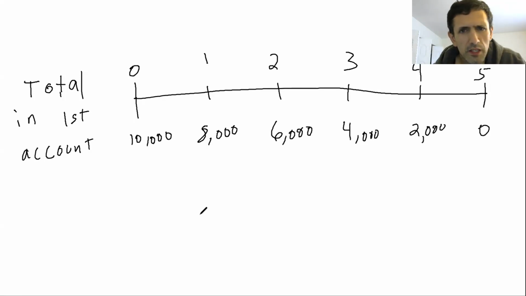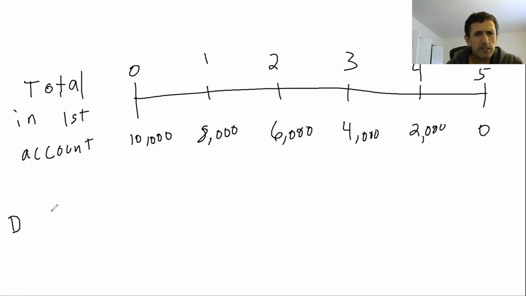Okay, hopefully I can fit this. Now this is going to be similar to a problem we had, I forget exactly, an arithmetically increasing annuity problem that was kind of similar to this.